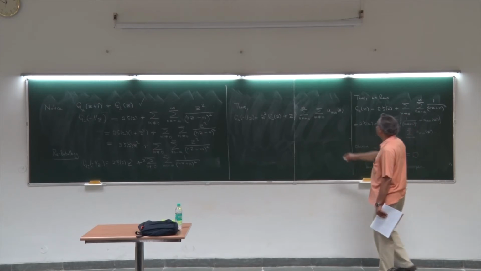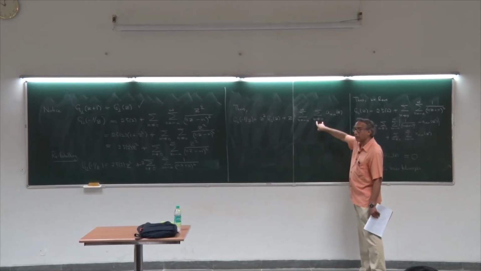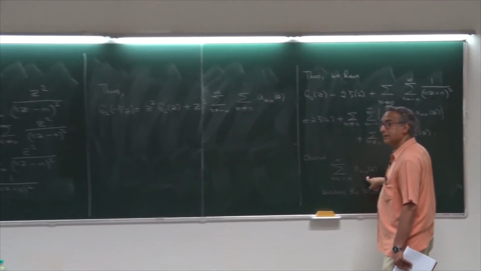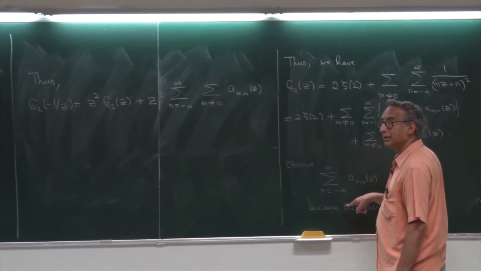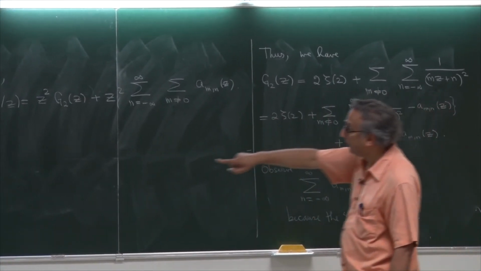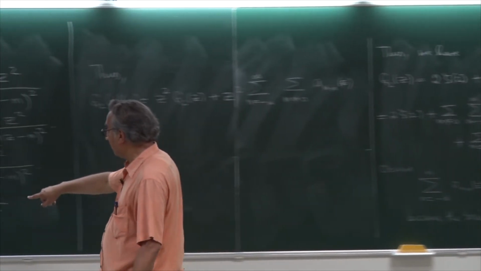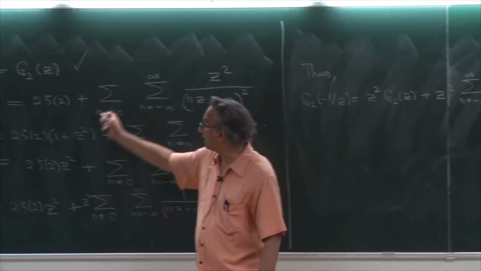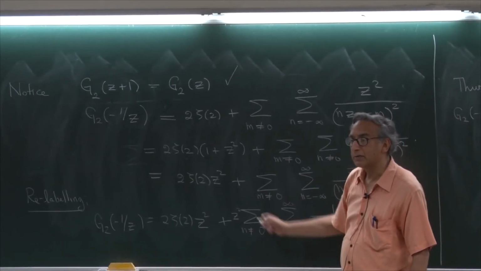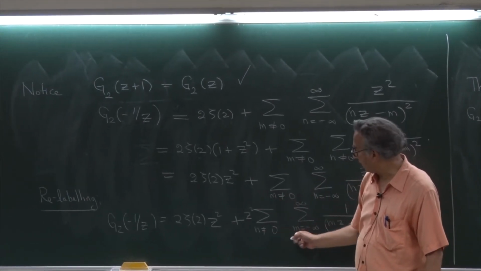This is now a summation over m not 0. Before, it was a summation over all the m's, with m fixed. By this device we've managed to interchange the summation through this transformation of the indices.